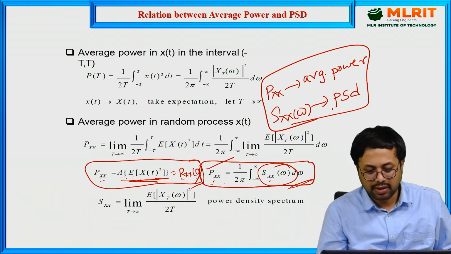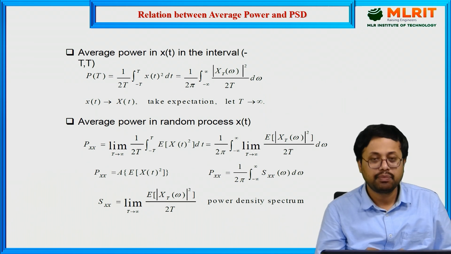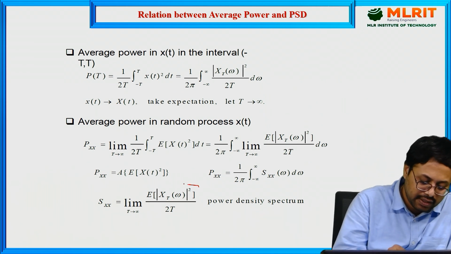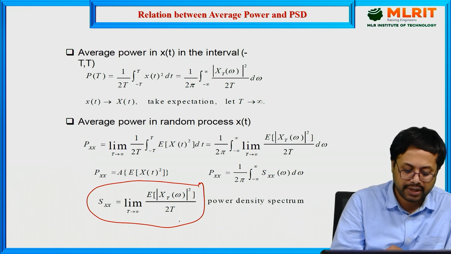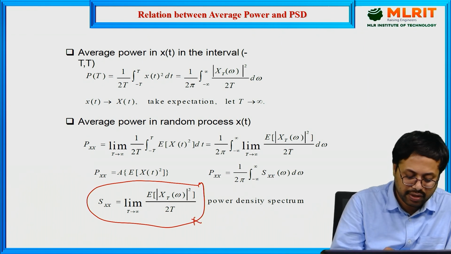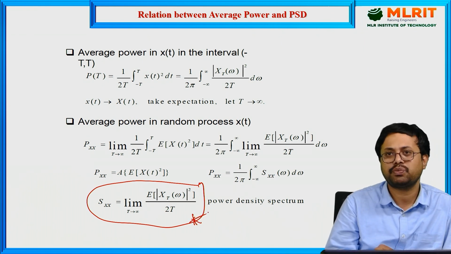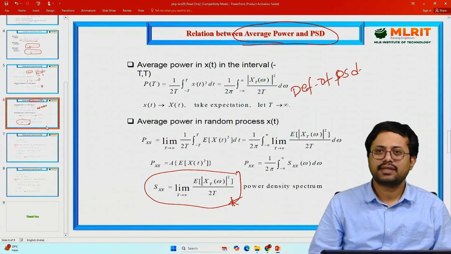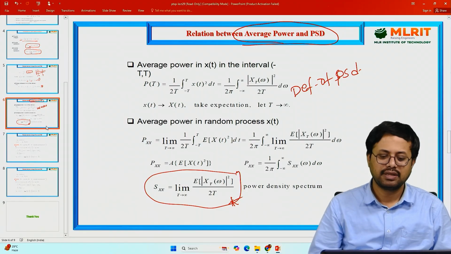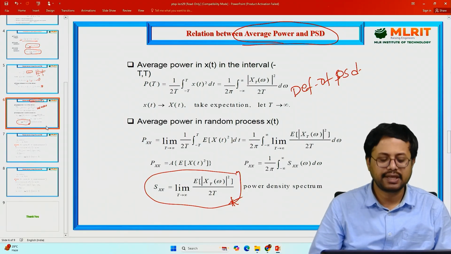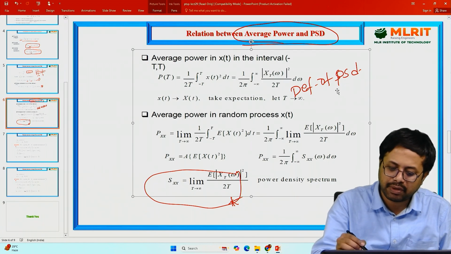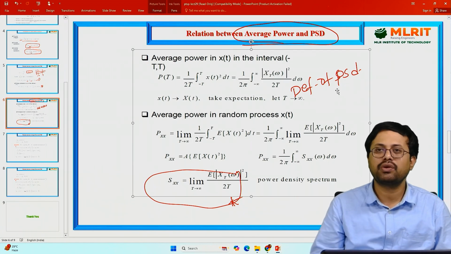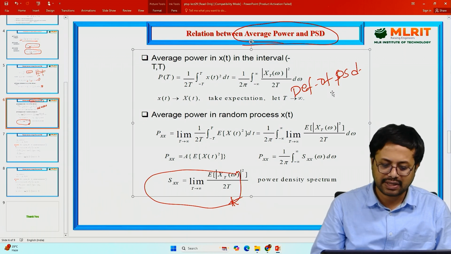We also have the definition of the power spectral density: limit T tends to infinity of expectation of |X_T(omega)| whole square by 2T. This is one of the important definitions of power spectral density. In this lecture we discussed the definition of power spectral density. One definition is that power spectral density and autocorrelation form a Fourier transform pair.